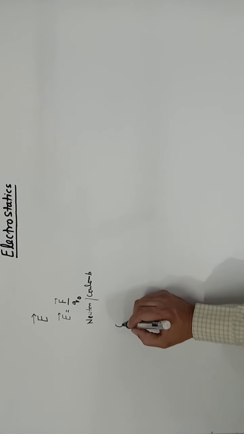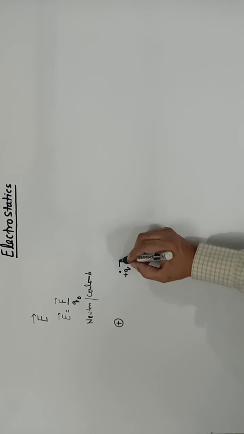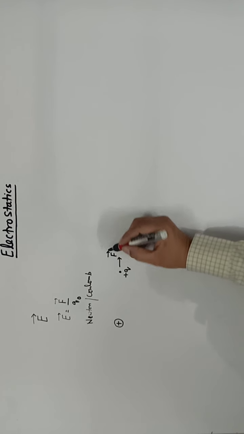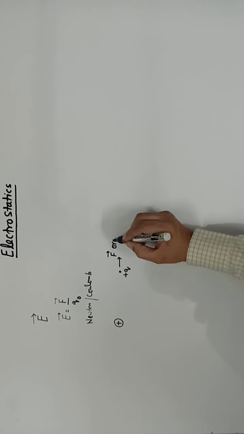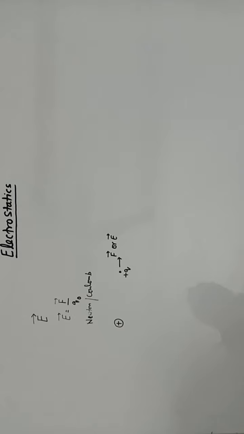The direction of E is the same as the direction of F. For a positive source charge, the electric field will be directed radially outwards from the charge. Suppose this is a positive charge which produces the field. A test charge Q naught is placed here. The direction of the force is this, and the direction of the electric field intensity is also the same.